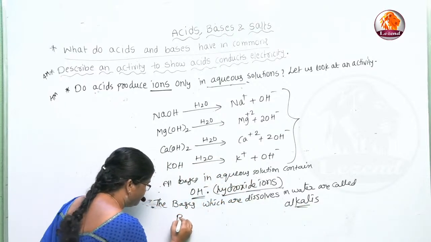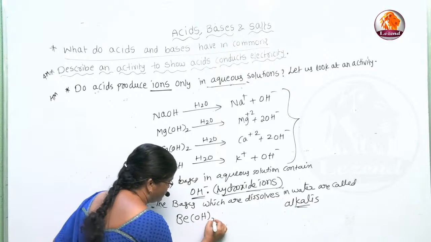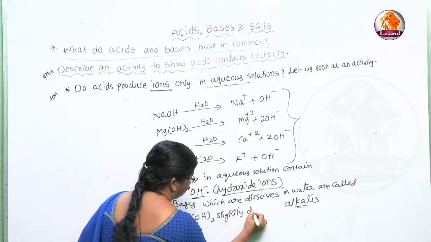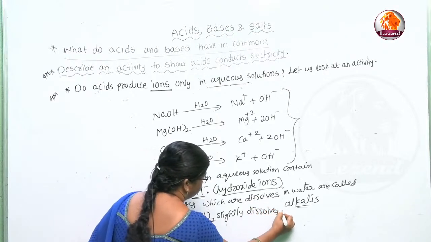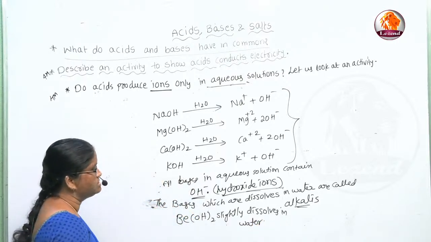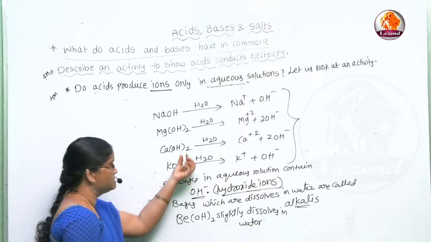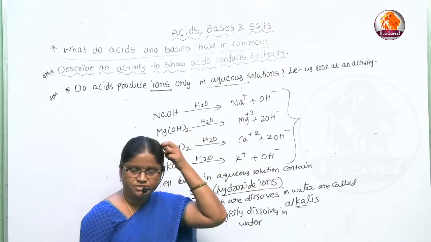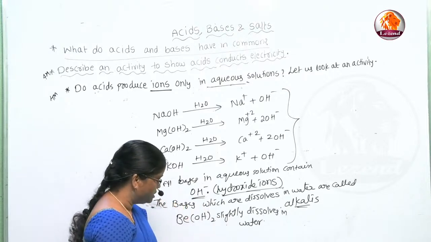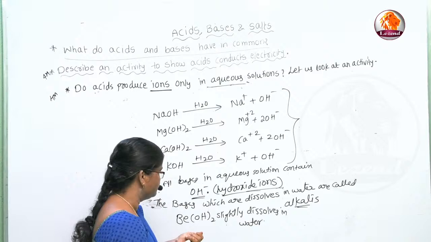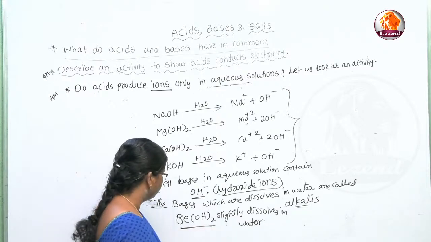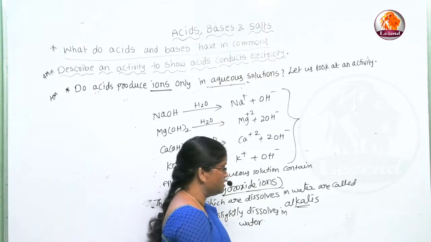For example, beryllium hydroxide only slightly dissolves in water. The bases which dissolve in water are alkalis because they dissolve and produce hydroxide ions, but not all bases dissolve in water to produce hydroxide ions. So the bases which dissolve in water are called alkalis.